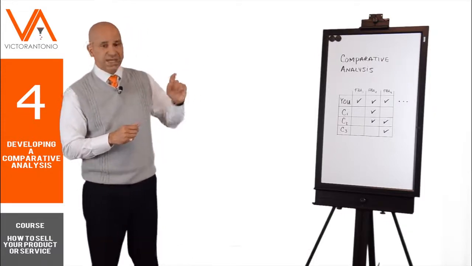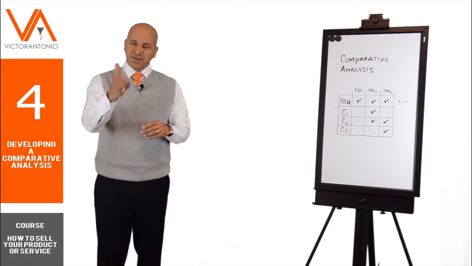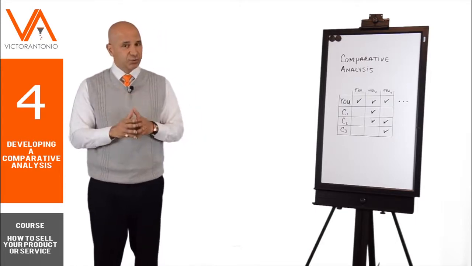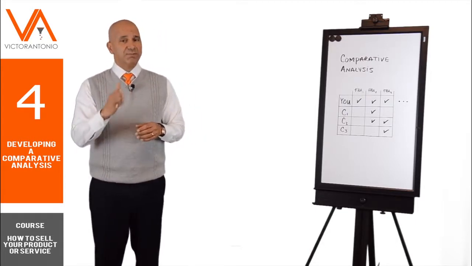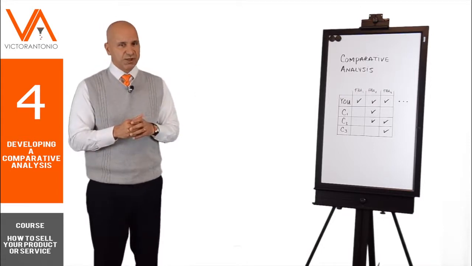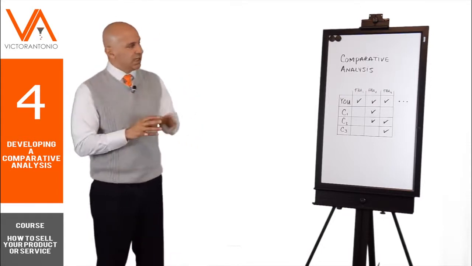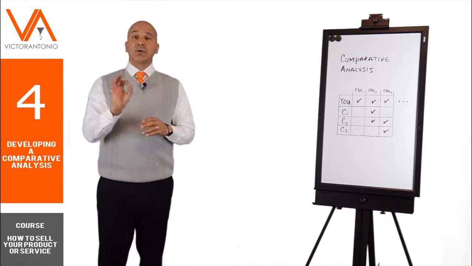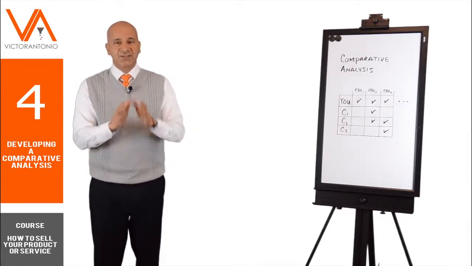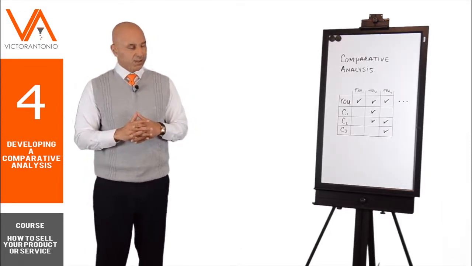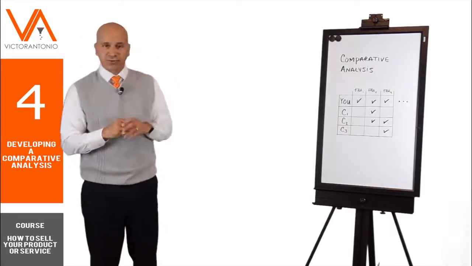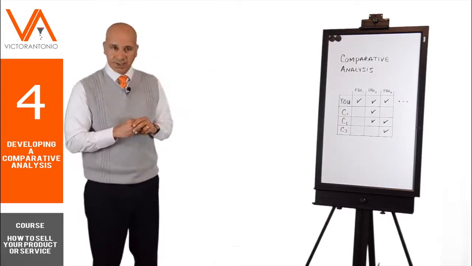Next column, FBA 2, write another feature, benefit, advantage that you have. Again, we did this in the previous module where you talked about feature, benefits, and advantage. So just list one of those there. Pick your top 3 right now. Then, third column, list your third top feature, benefit, advantage that your product or service offers. Okay? Then put a quick check mark across all 3 in the top row. Get the idea?